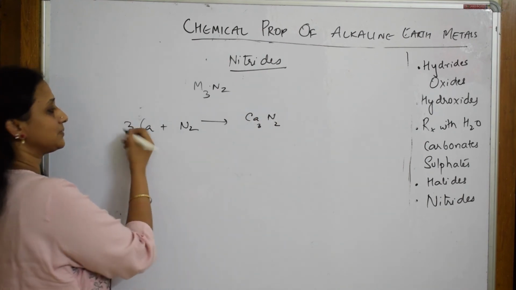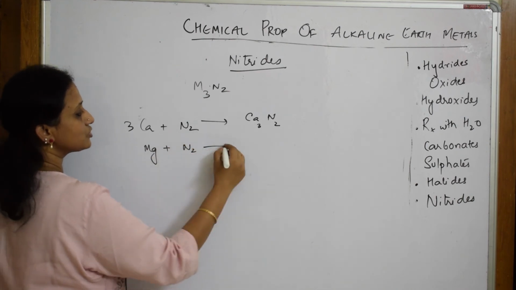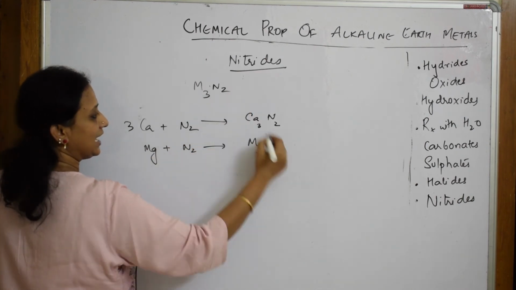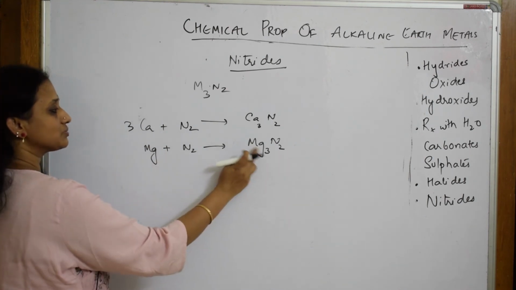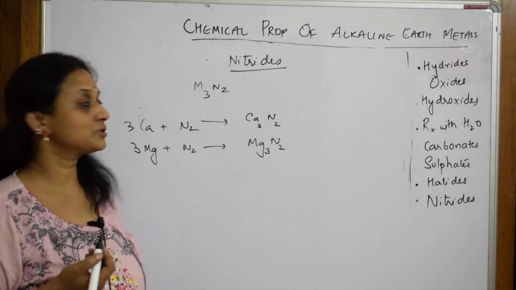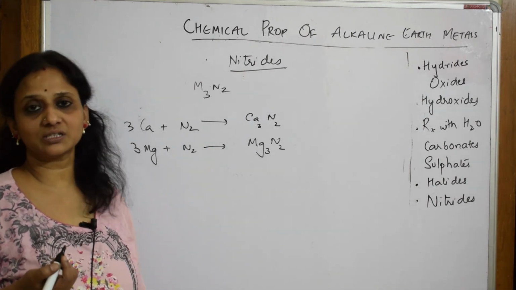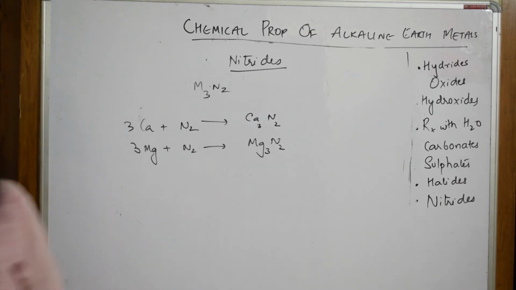Magnesium combines with nitrogen forming again Mg3N2. These are the types of ionic nitrides formed by alkaline earth metals.